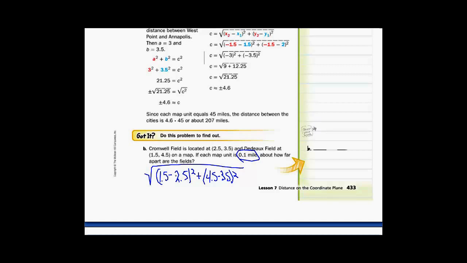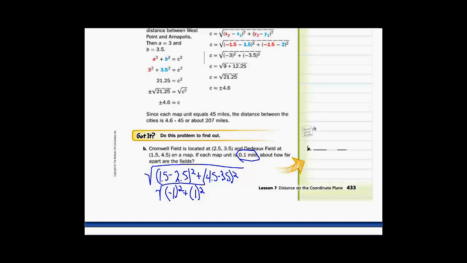So 1.5 minus 2.5 will give us a -1. That worked out nice and even. 4.5 minus 3.5 would be a +1. And again, we're taking the square root of all that.